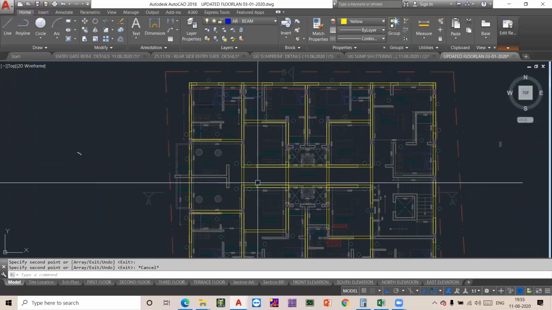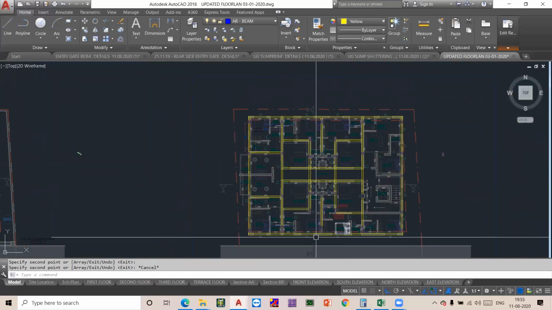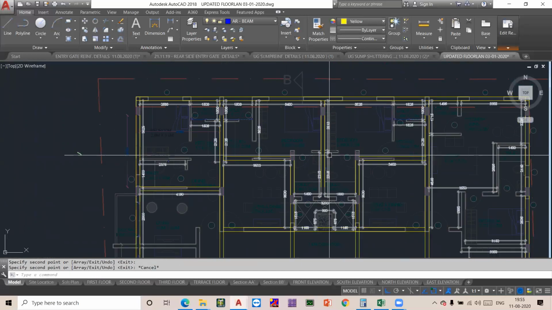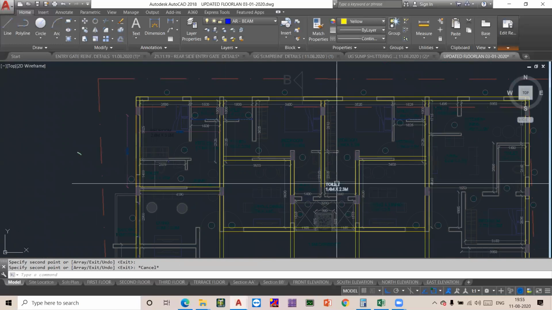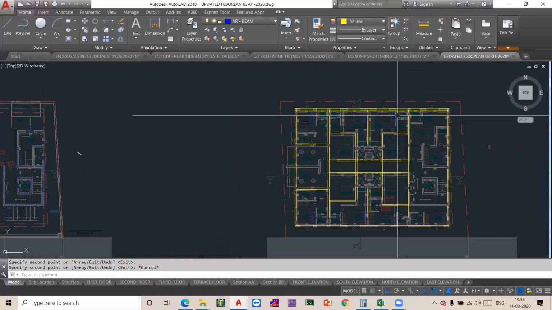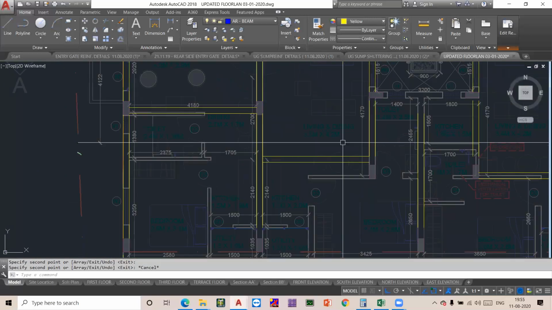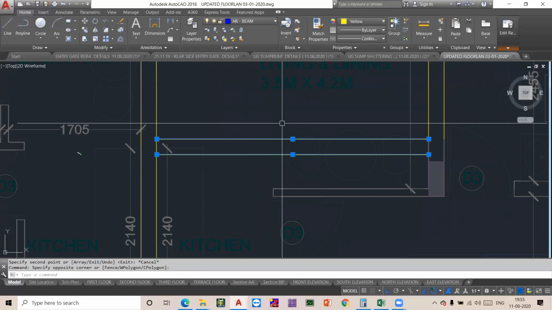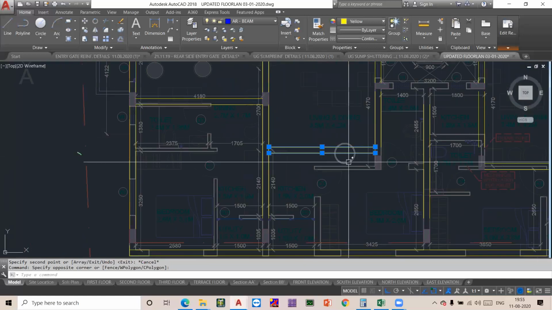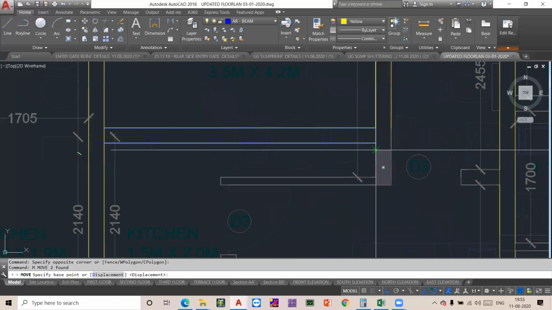Likewise, we have completed most of our beam layout. Most of our beam layout is completed now. Okay, here the same issue. It is happening in between the occupancy. We are moving it back.